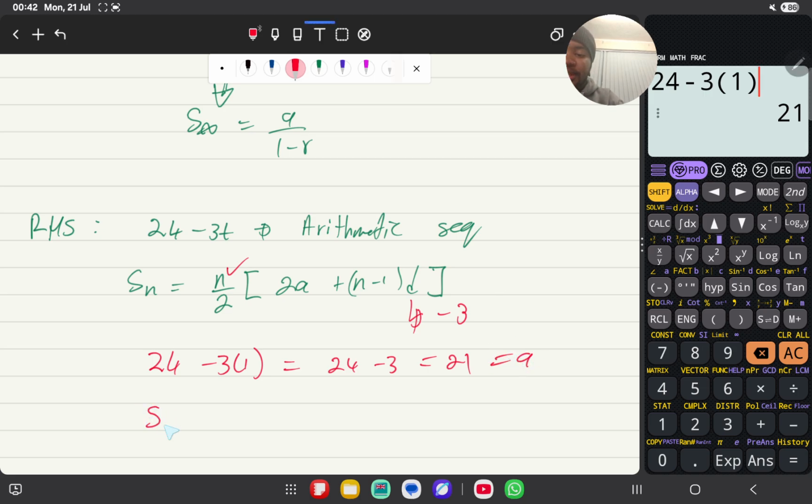So now I say therefore S12 equals 12 over 2 times 2 times 21 plus (12 minus 1) times minus 3.